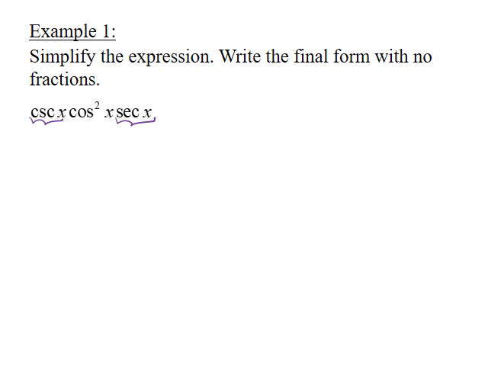So for example, cosecant of x can be written as 1 over sine of x. Now cosine squared of x, I'm just going to leave as is, or if you want, you can write it as cosine of x times cosine of x, and you can put this over 1. And then secant of x can be written as 1 over cosine of x.